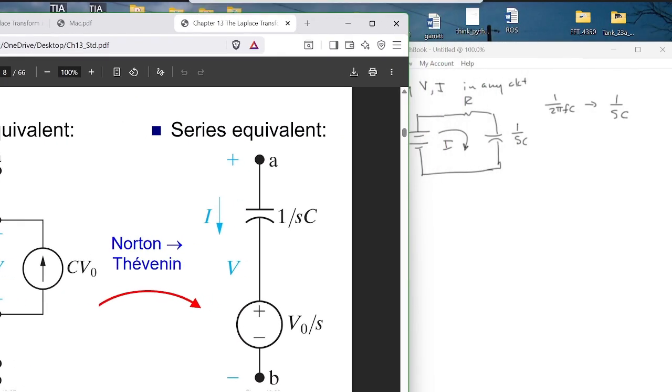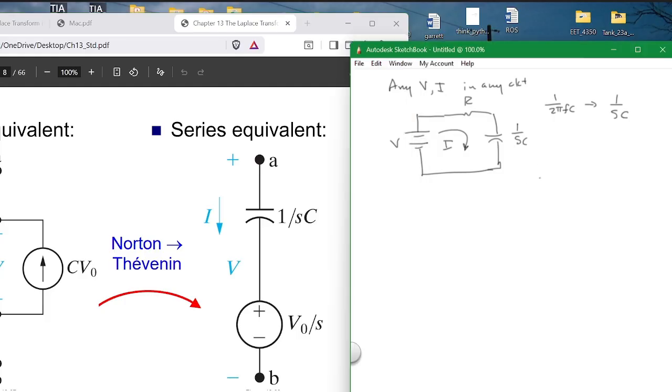Okay. If there is a pre-voltage, I have to write it like this: 1 over SC plus a voltage supply V0 over S. So I have to do it if they say it's pre-charged.